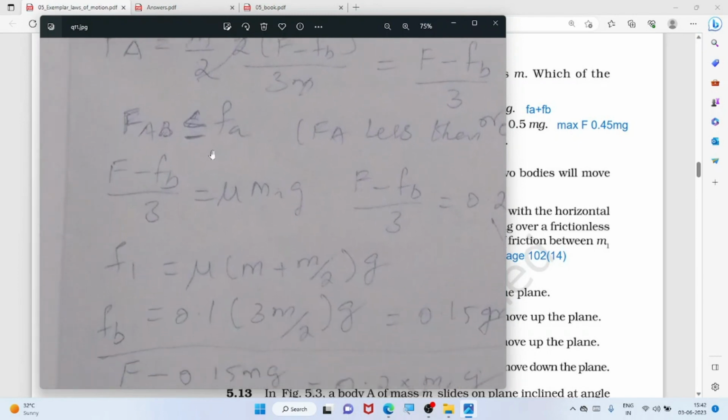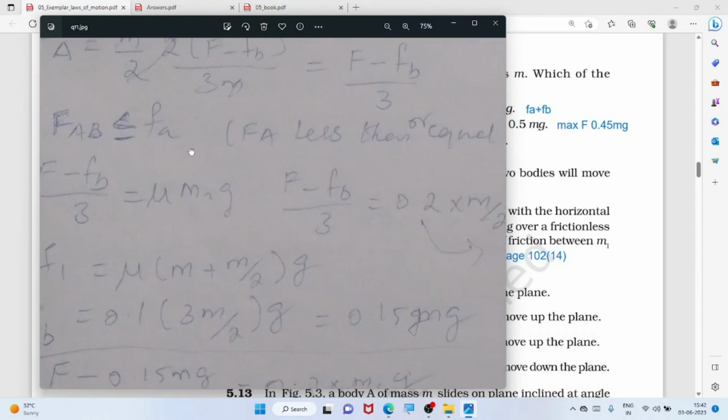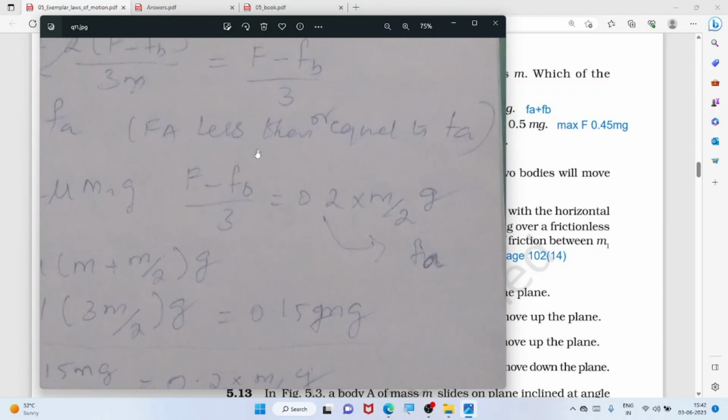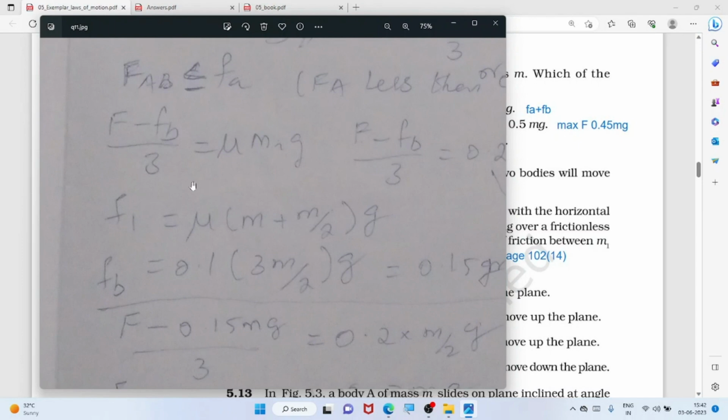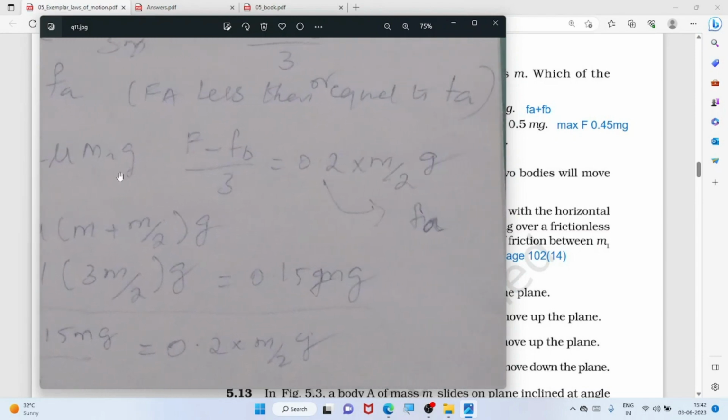See, if the force on A is less than or equal to the frictional force of A, FA less than or equal to the frictional force of A. Okay, so then the force on A is this, and this is the frictional force on A. Mu is 0.2, mass of A is m by 2.